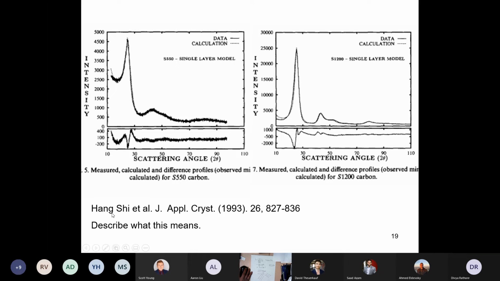So Hang Shi actually was my very first graduate student, and he wrote this paper which came out in 1993. What he did was create a theoretical model that allows you to calculate the diffraction pattern arising from disordered graphite, where you could tell the program how many graphene sheets were stacked in a parallel fashion, what the lateral extent of the graphene sheets was.